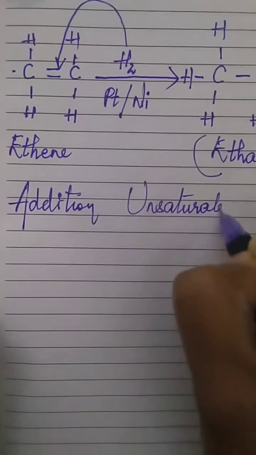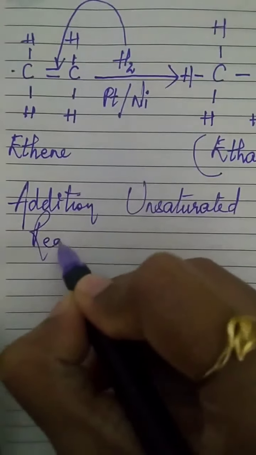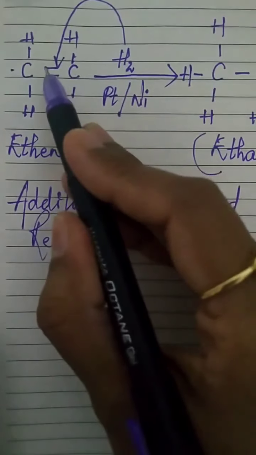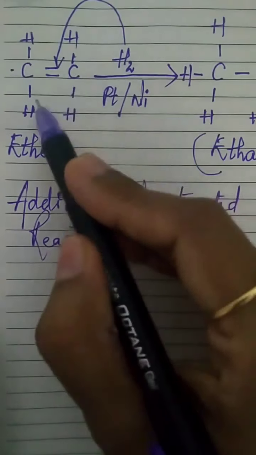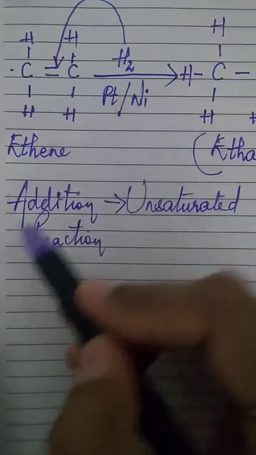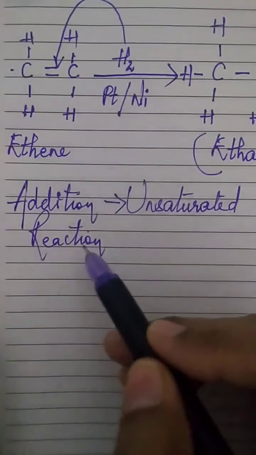I gave you an objective question also. Addition reaction is a reaction which takes place with an unsaturated carbon compound. Only when you have a double bond, or triple bond, can you break that bond and attach one hydrogen there. This will not take place with saturated hydrocarbon.